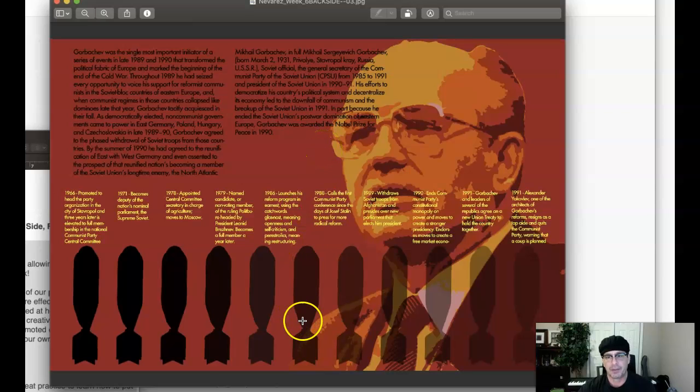And one more thing about the bombs, and we're talking about connotation, right? Gorbachev was not a confrontational leader. He didn't start wars, he didn't escalate wars. He was pretty much a peaceful-minded leader.